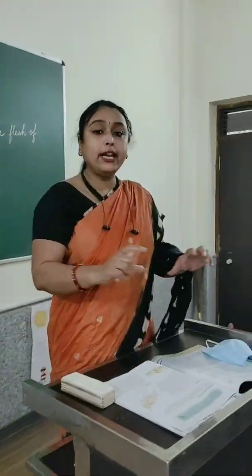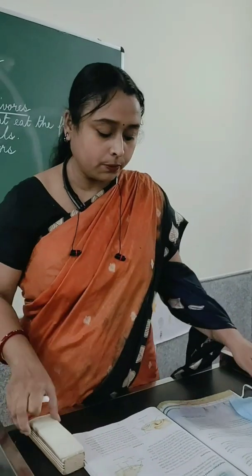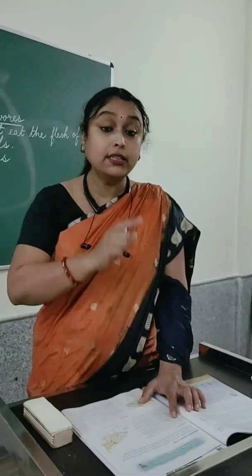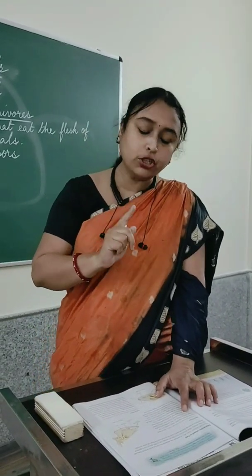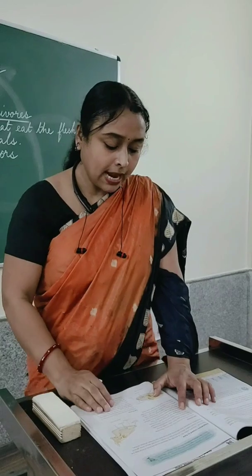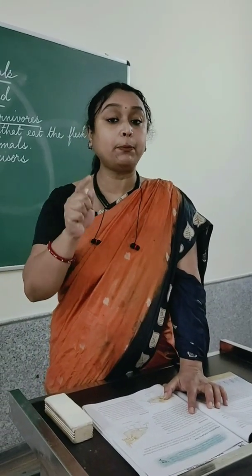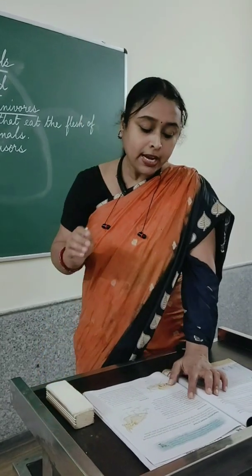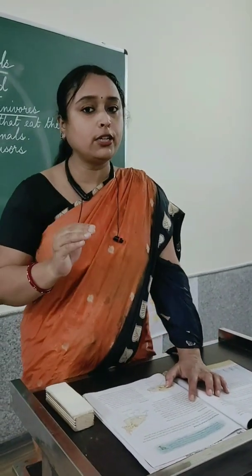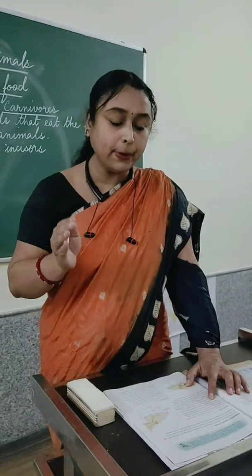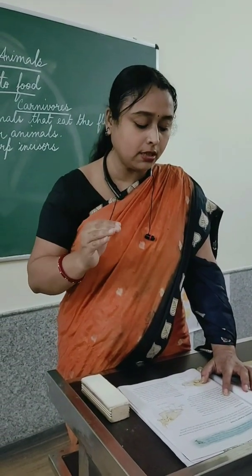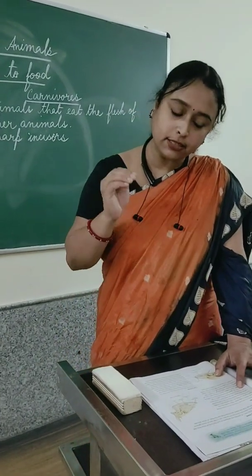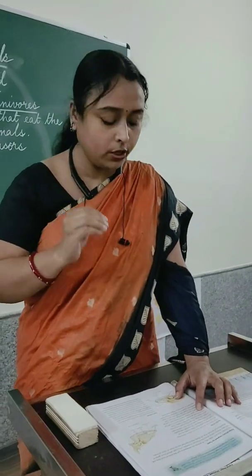Now, I am reading out what is written in the book also. Herbivores are animals that eat plants. Since they do not tear flesh, they usually do not have canines. As I have already taught you in the chapter on teeth, what incisors, canines, molars and premolars are. If they do, the canines are usually blunt. They have sharp incisors for cutting plant matter and large, flat, grinding teeth, premolars and molars, to chew the food thoroughly.